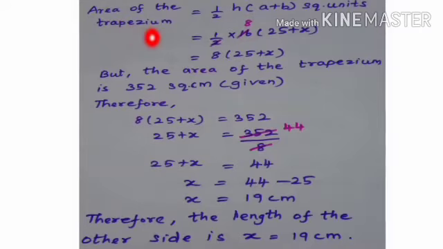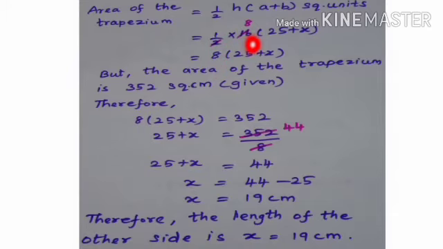Now the area of the trapezium is 1 by 2 into h into (a plus b) square units. In the next step, we have to substitute all the given values. So the value of h is 16, the value of a is 25, given in the problem itself. And what is the value of b? It is x, which is unknown. We have to find the value of x. Okay. So in the next step, cancel 2 and 16.